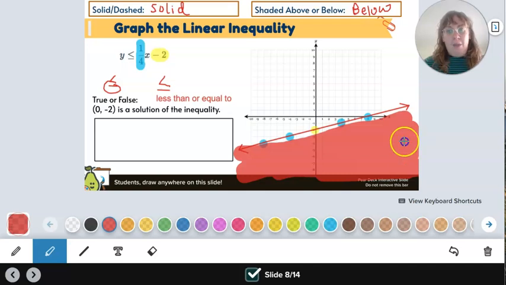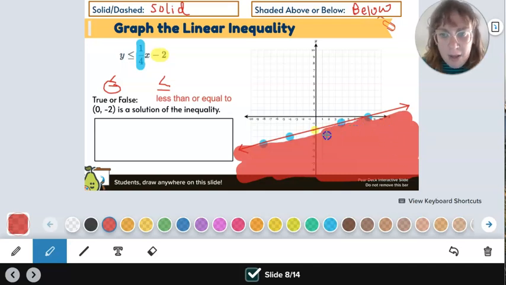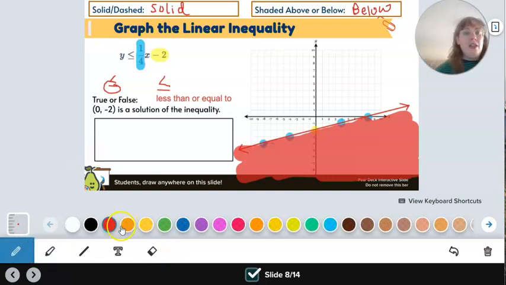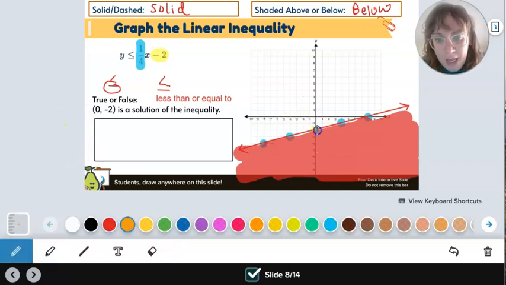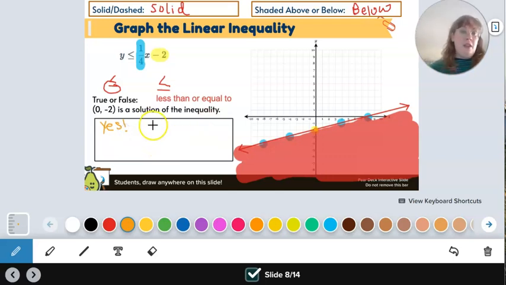So it asked if the point 0, -2 is a solution. 0, -2 is right here. It's our y-intercept. And because it is a solid line, it is a solution. It can be on the line.